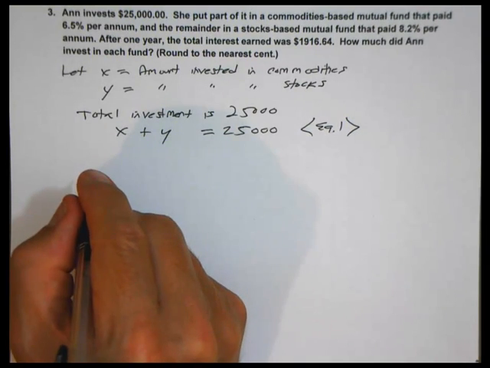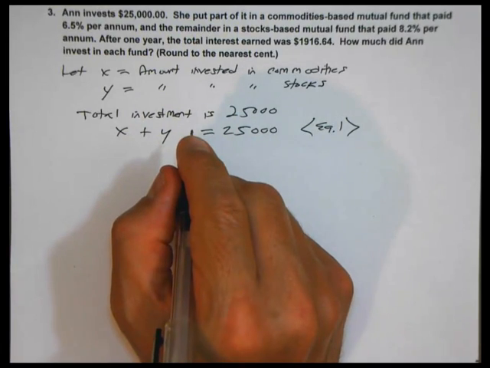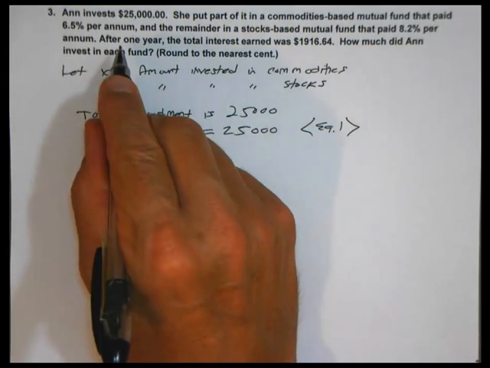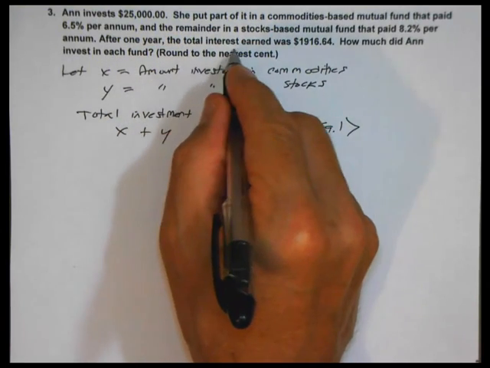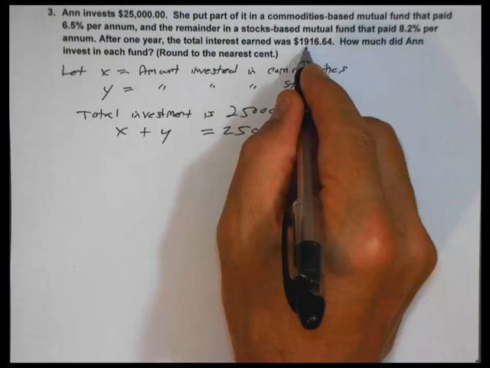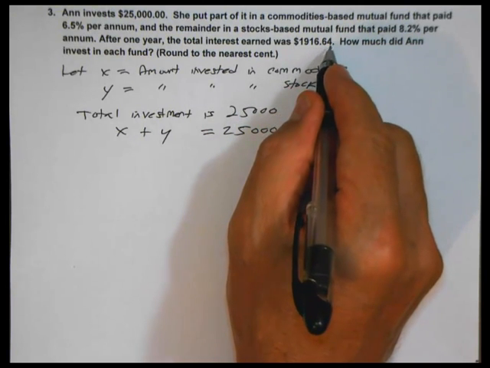Alright, let's look around at the other information here. This sentence here looks pretty important. After 1 year, the total interest earned was $1,916.64.